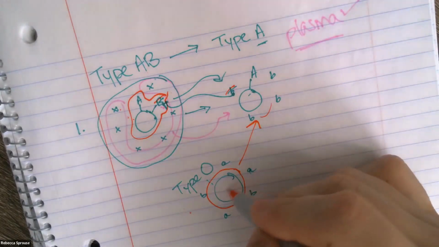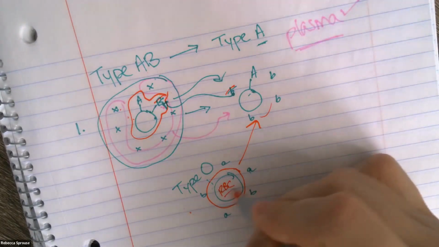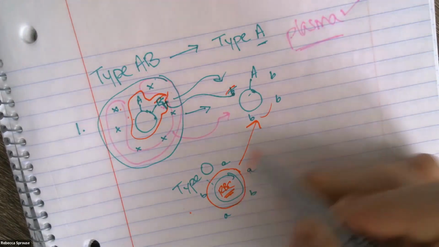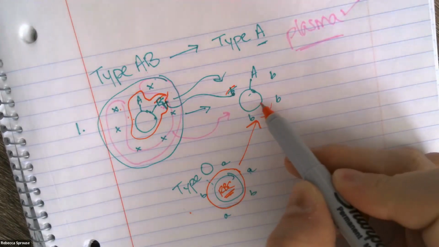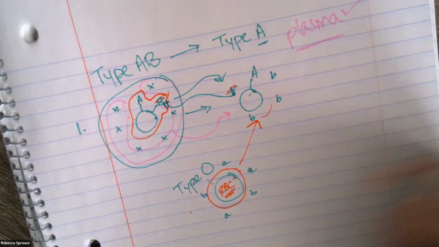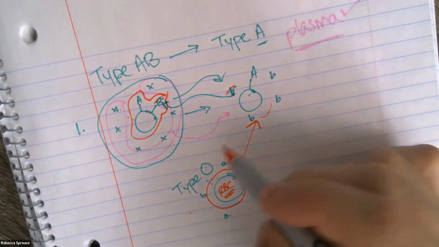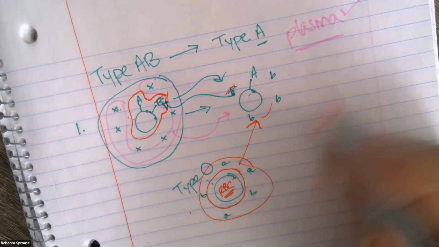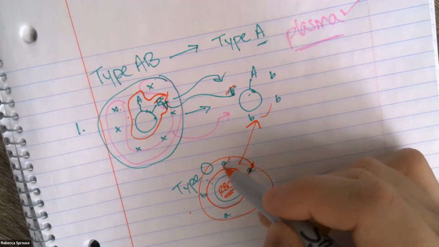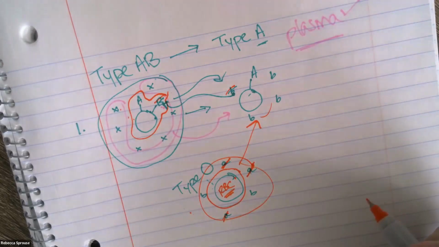So that's good because the red blood cells have the oxygen carrying capacity. So if this person was super anemic and didn't have enough hemoglobin, we could totally give them the red blood cells of that type O person. What we couldn't do is give them the whole blood without removing these antibodies first.